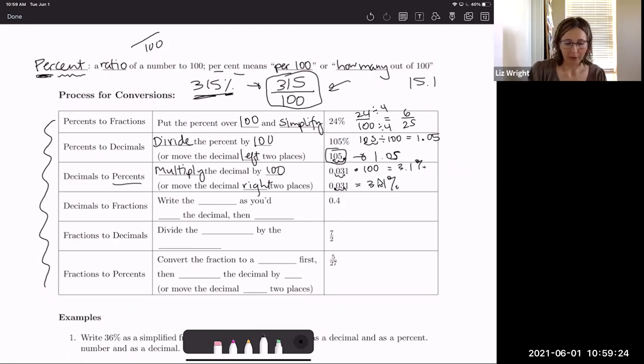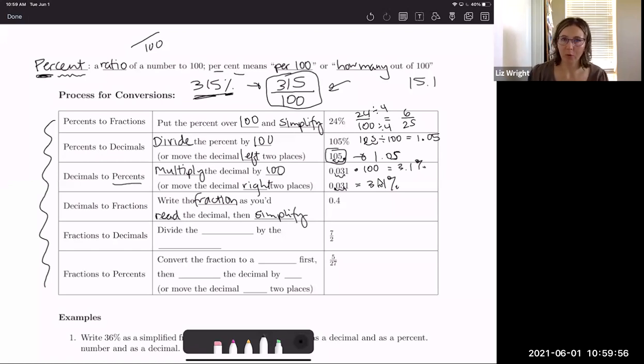Okay, now we're looking at our next step of going from a decimal to a fraction. We've actually done this before, but we're just going to write the step in to remind you. We would write the fraction as you would read the decimal and then simplify, just like what we practiced when we were working on that decimals page.